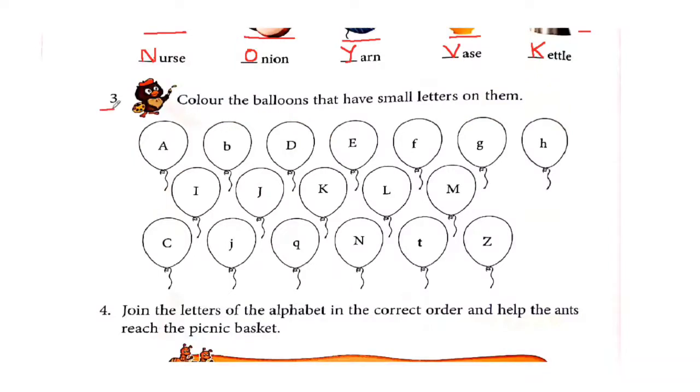Question number 3. Color the balloons that have small letters on them. We have read capital letters and small letters, so in these balloons you are given capital as well as small letters. You have to color only the balloons with small letters. So I am just underlining, you have to color these balloons. This is capital letter A, small letter b. So color the balloon of small b. Capital D, capital E, small letter f.